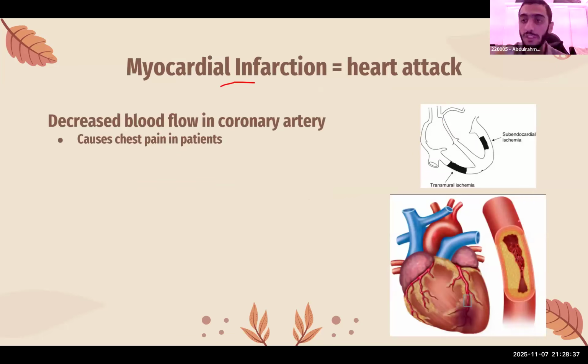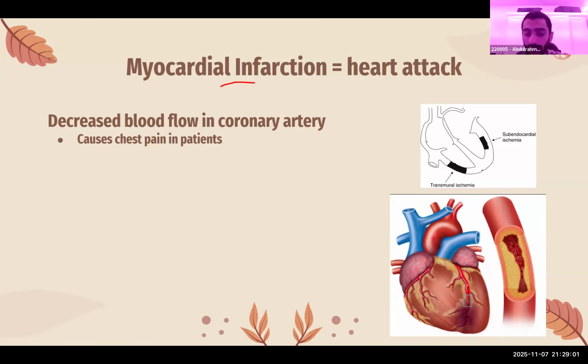It's when one of the arteries supplying the heart gets constricted or gets some type of problem. So basically, the area of the heart supplied by this artery is no longer receiving blood flow. If it's not receiving blood flow, it will die. So, for example, right here, we have an artery.